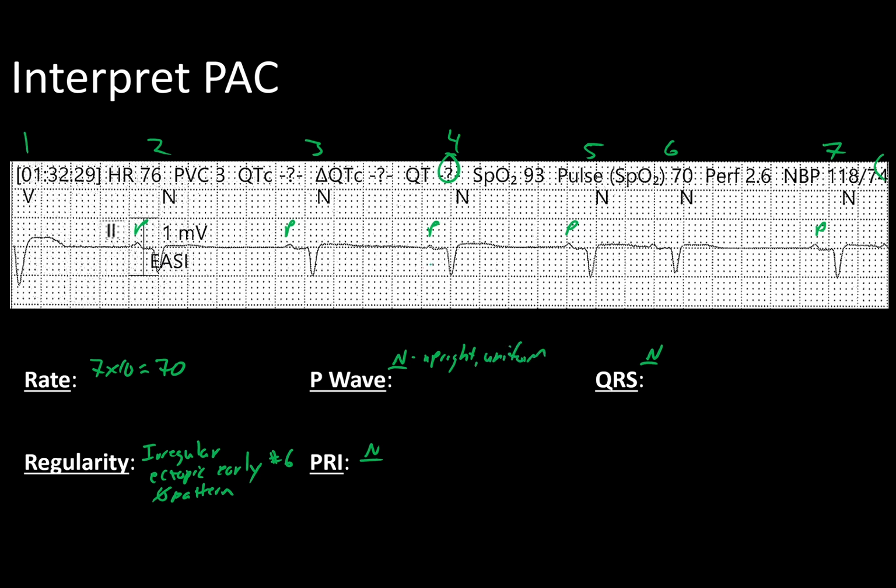Are they regular? Well, let's measure out. From the start of this one to the start of this one is right at about 24. And the start of this one falls right at about 24 as well.